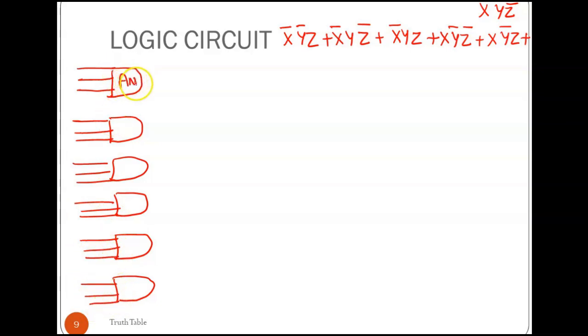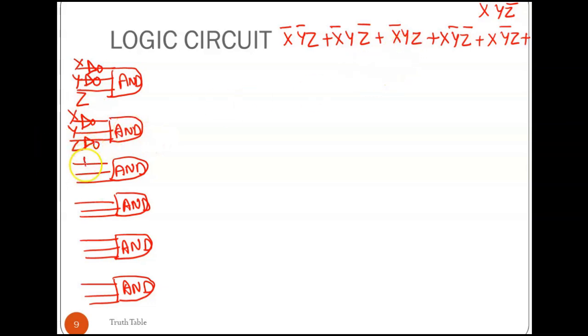In between you please give AND, AND gate, AND gate. For a bar you will just add one NOT. So this is X bar, Y bar, Z. Then X bar and Z bar, so X, Y, Z bar and X bar, Y, Z bar.